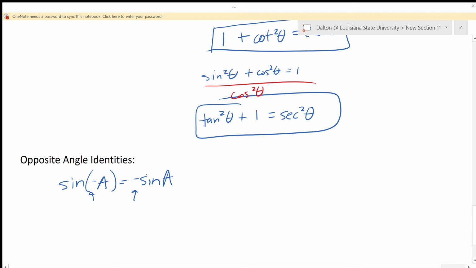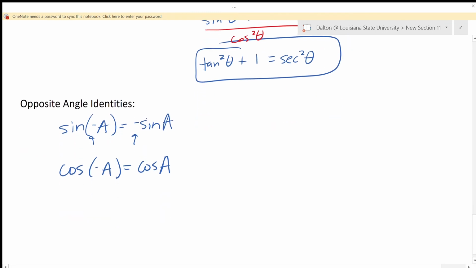Cosine deals with the x value. It's a little bit different. The cosine of negative a is equal to positive cosine of a, and it has to do with our x values. Think about it: x values are positive in both the first and the fourth quadrant.